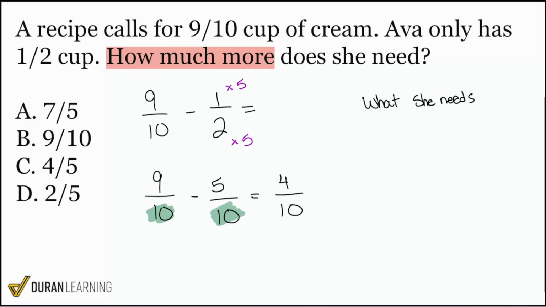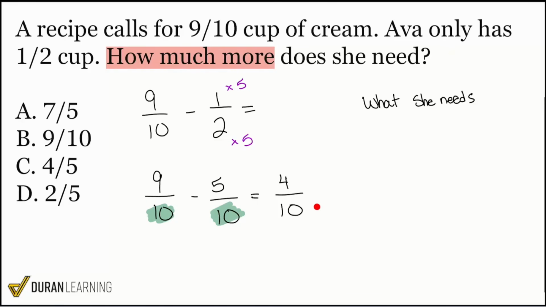But I don't exactly see 4 over 10 as an answer choice. I see 4, I see 10, but I don't see 4 over 10. So what does that mean, typically? Yeah, typically that means we're going to have to simplify. So let's go ahead and do that. 4 and 10 have a common factor of 2.